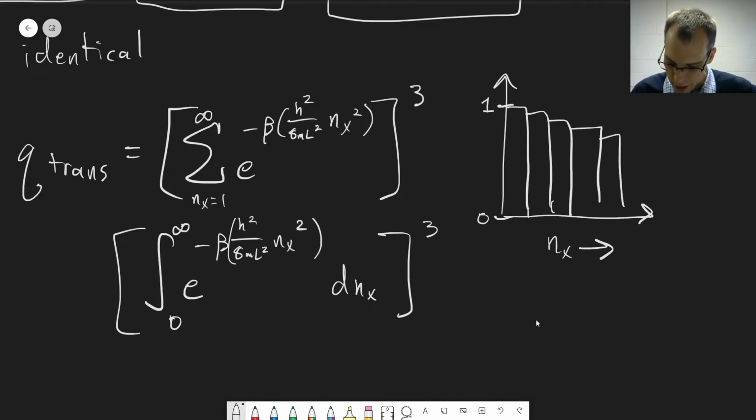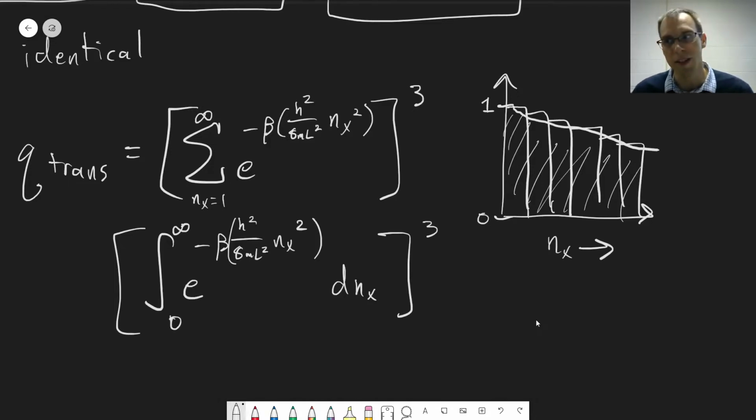As we go to higher and higher nx, these values will keep decreasing because we're getting to higher and higher energy. Essentially, we want to know what we get if we add up all these bars together. It's very similar to approximating this as a continuous function instead of a step function, saying that nx can take any value instead of only integers.